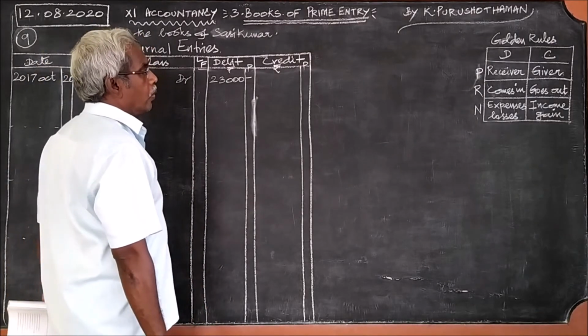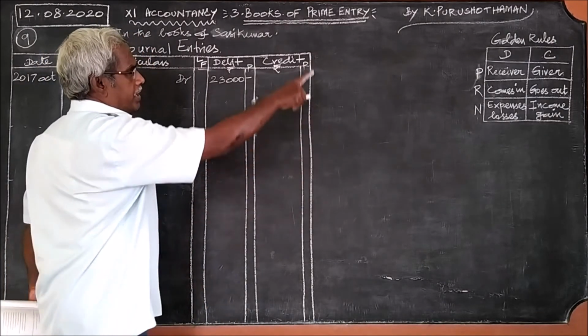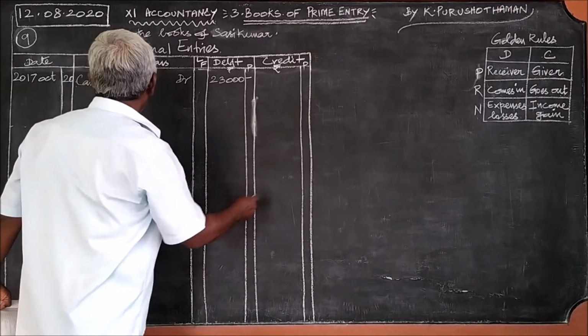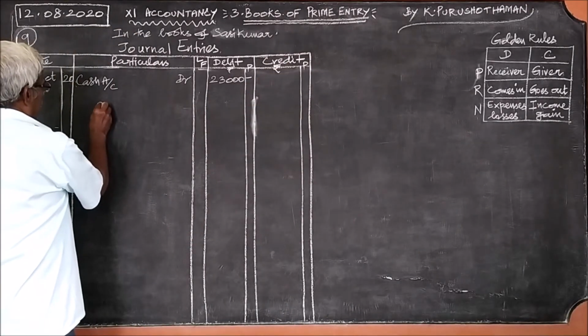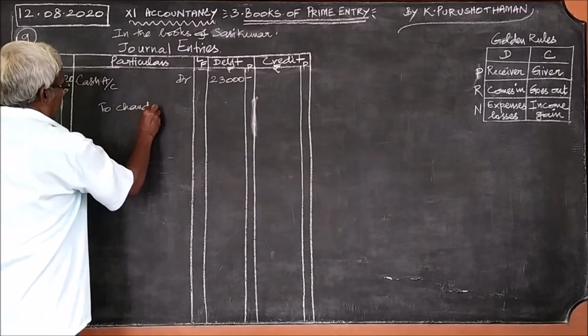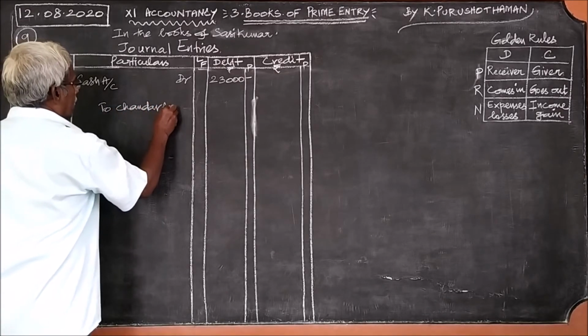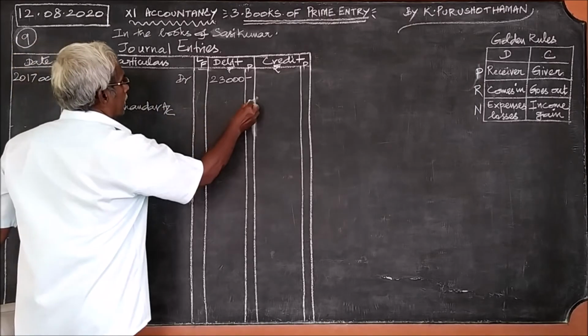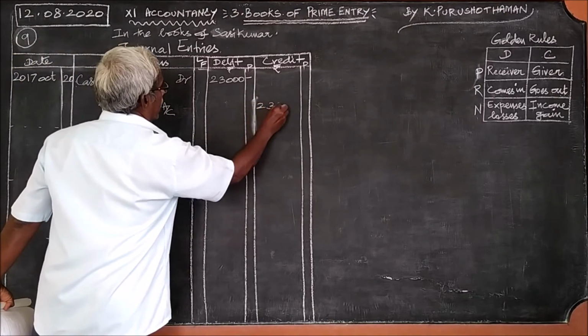Cash comes in. Who is the giver? See the credit rule. Giver. Chandar account. To Chandar account, 23,000.